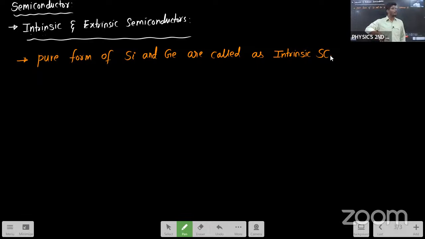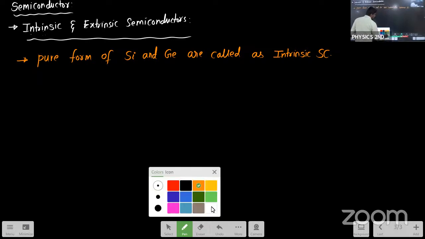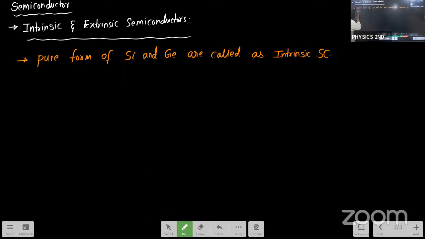Further, we have discussed how many types of extrinsic semiconductors there are. That will become our next question. So see here, what is the meaning of doping? This question is not there, but still remember, what is the meaning of doping? Doping. What does it mean?